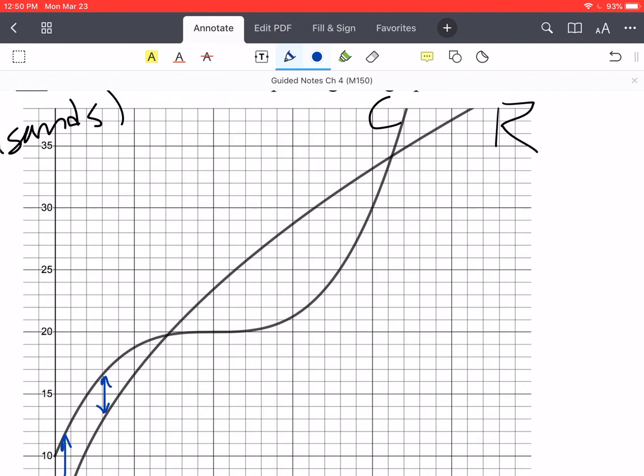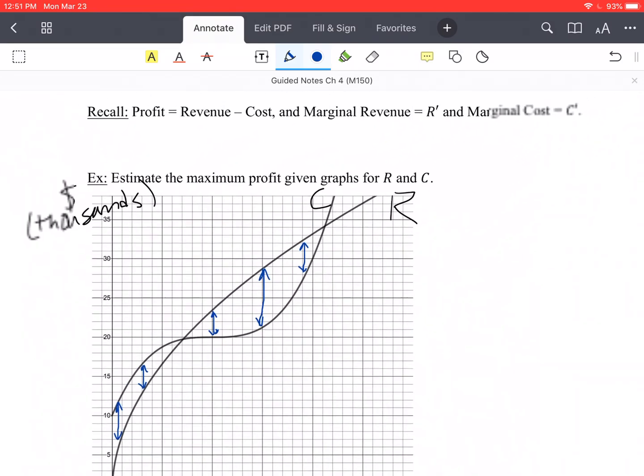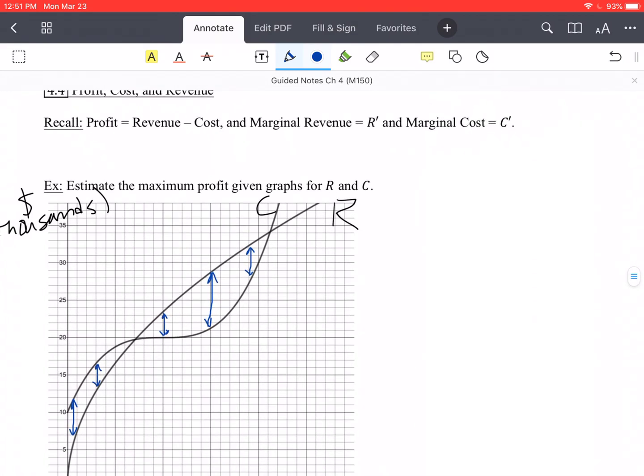Notice as I'm down here, we have some good spacing for cost and revenue, right? But the largest difference between them really seems to be right about here. It looks like somewhere in the middle there appears to be where that difference between them is the greatest.